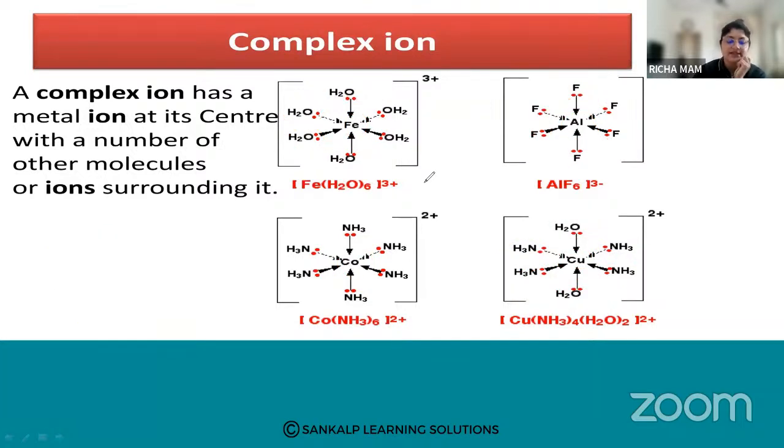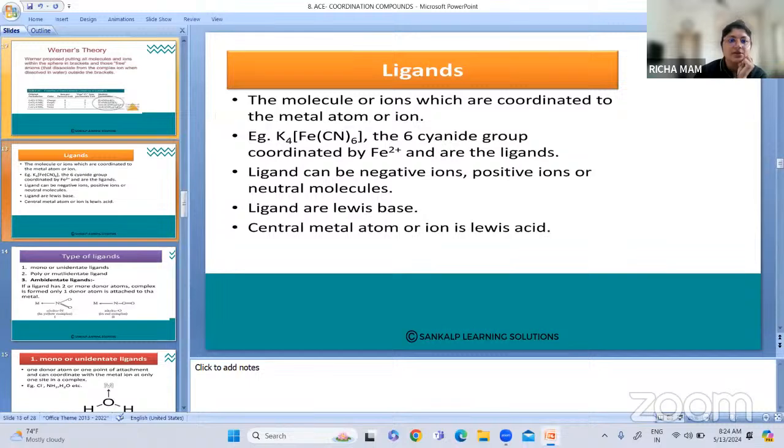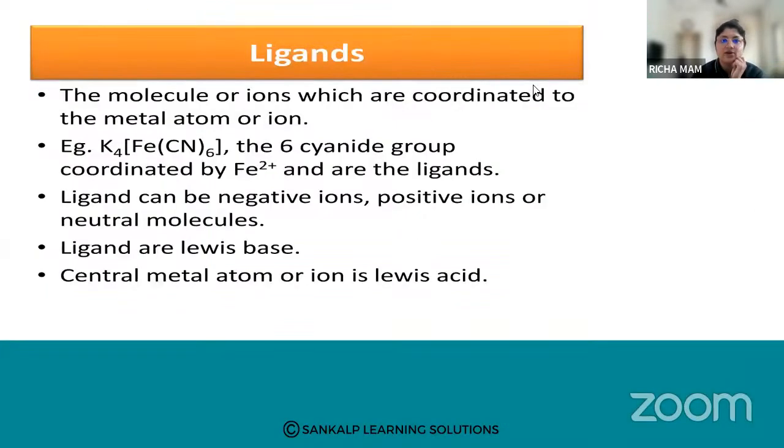Next term is ligands. What do you mean by a ligand? The ion or molecule which is bonded to the central metal atom or ion in the coordination entity is called a ligand.